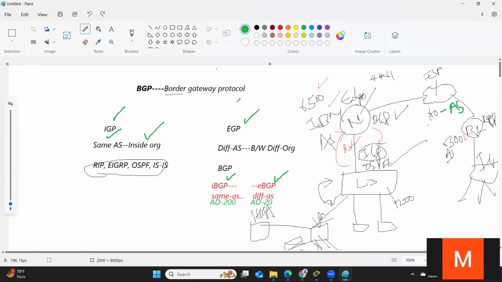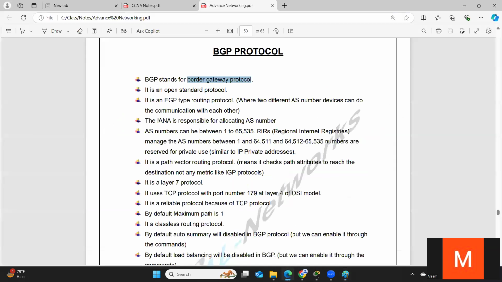This is the basic concept of BGP routing protocol. So theoretically, something we'll discuss now. BGP stands for Border Gateway Protocol, and it is an open standard protocol. What does it mean?